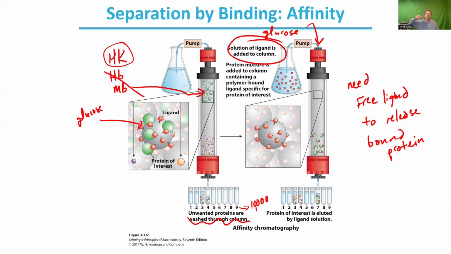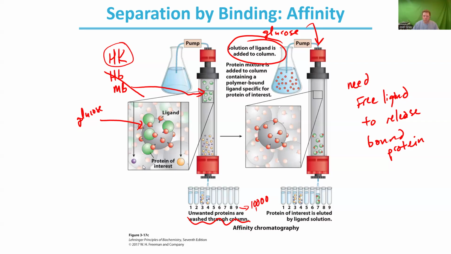Depending on if that immobilized charged molecule is positive or negative, you're either dealing with anion exchange chromatography or cation exchange chromatography.